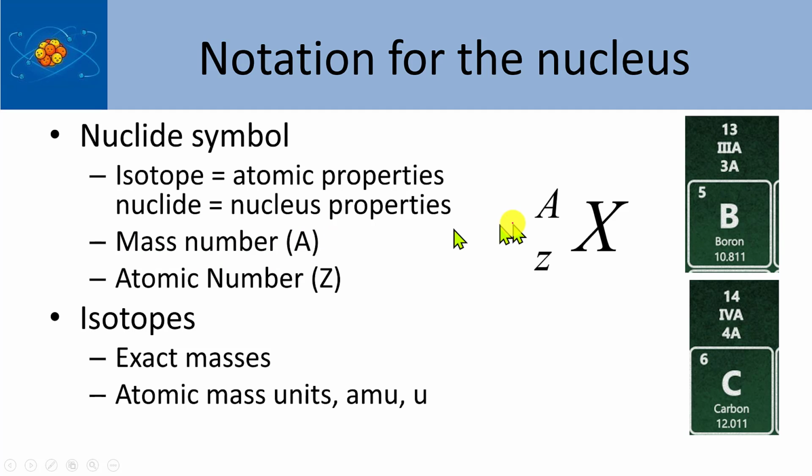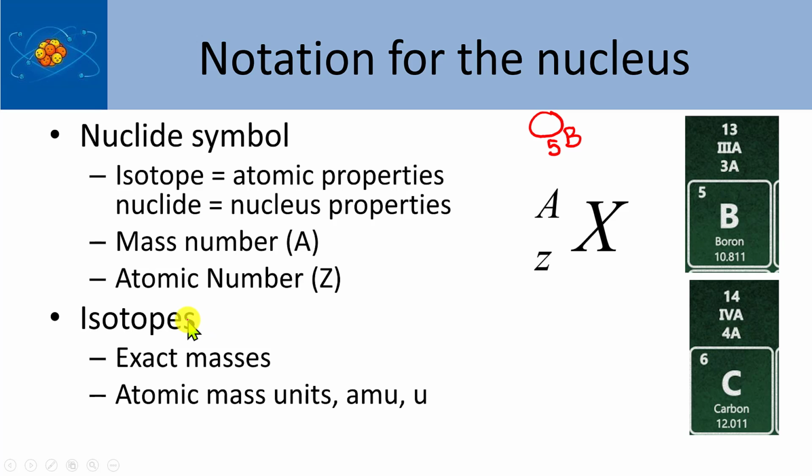All right, so let's put some of this together. I have boron, right? So the atomic number is 5. And then if I wanted to, I could provide a mass number up here. Now, it turns out there's something called isotopes. And there was a gentleman named Aston who worked with Rutherford, right?